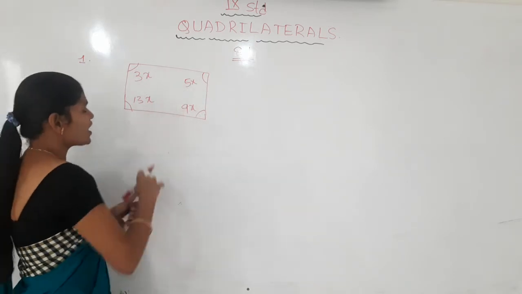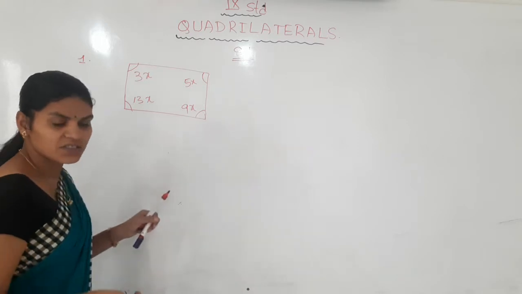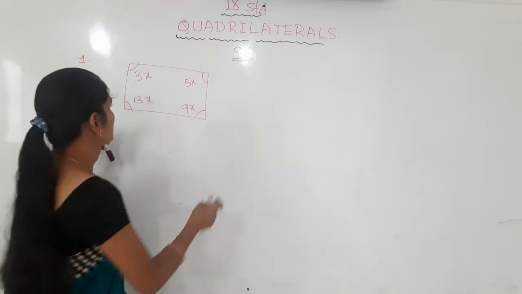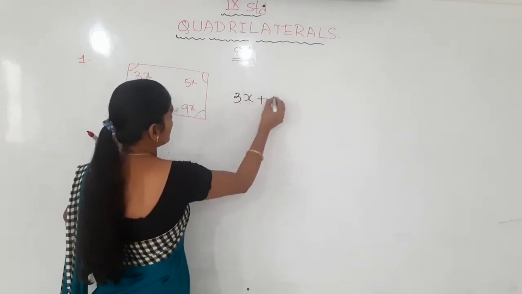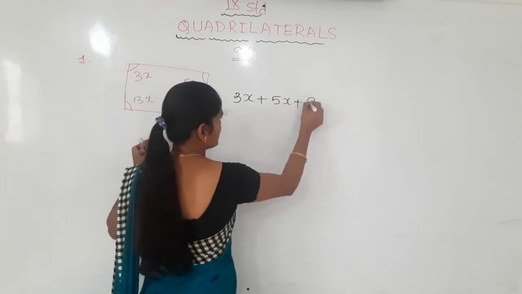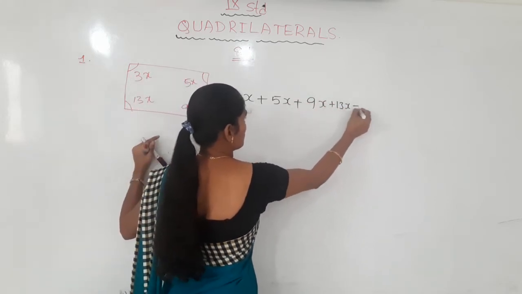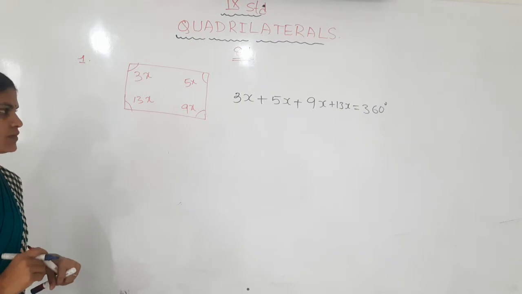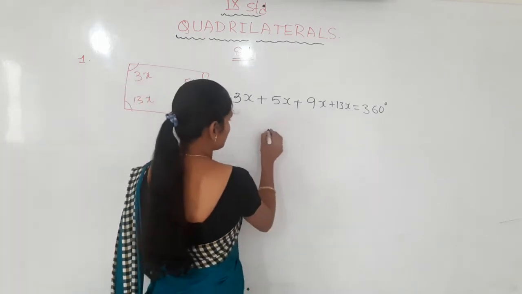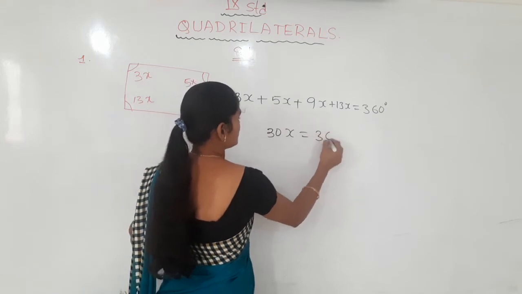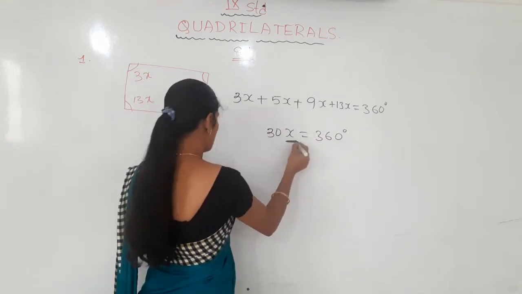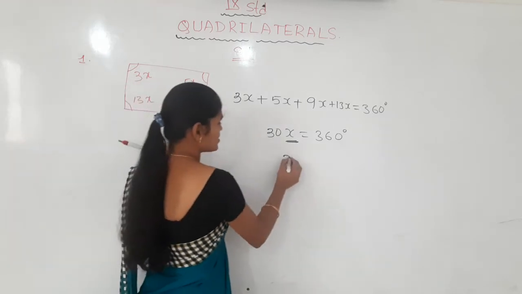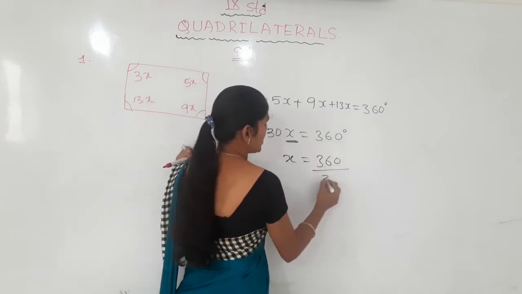Means the sum of all these angles is equal to how much? Already we have seen that in a quadrilateral the sum of all its interior angles is equal to 360 degrees. Here 3x plus 5x plus 9x plus 13x is equal to 360. 3 plus 5 is 8, 8 plus 9 is 17, 17 plus 13 is 30. So 30x equals 360, and we need the x. x is equal to 360 divided by 30.